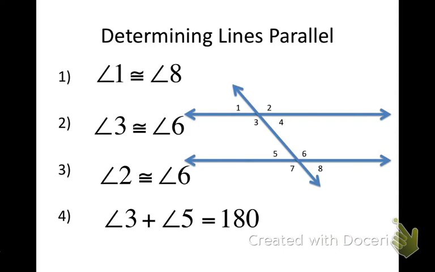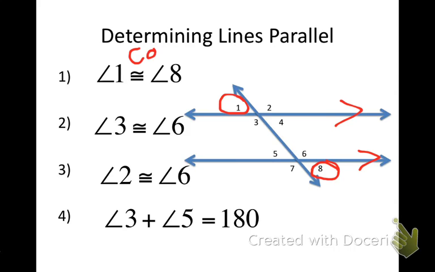So number 1 here, let's look at number 1. It says angle 1 is congruent to angle 8. So those two angles are congruent. Now, what converse postulate says these two lines are going to be parallel? If those two are congruent, what says those two lines are parallel, Trevor? Very good.